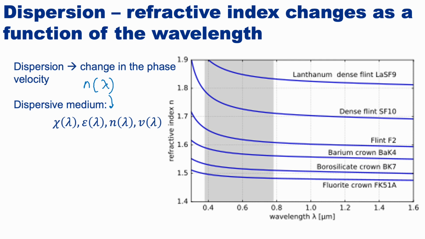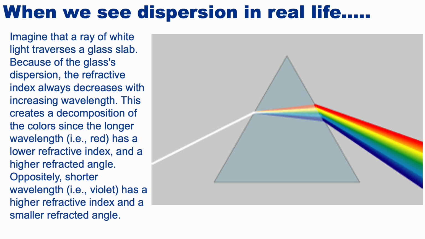And here we have some plots of real materials and how they change with the wavelength. So at the end, we were introducing the real case when we have the decomposition of the light. I'm going to talk a little more after, but we define the normal dispersion.